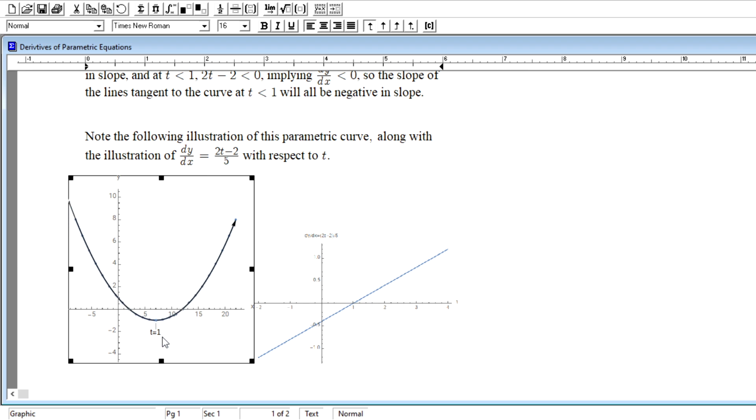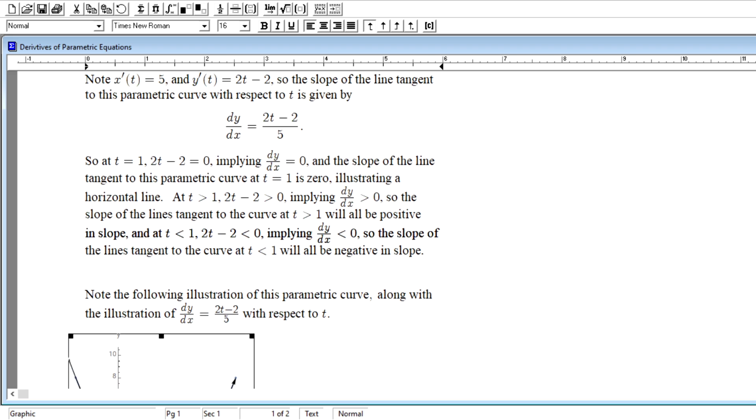And for the values of the slopes tangent to the curve where t is less than 1, we would see them on the left side here where they would all be negative in value. All that being described here by this description of y with respect to x written in terms of t.